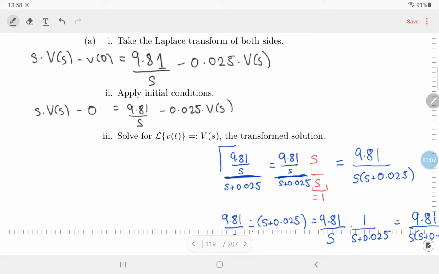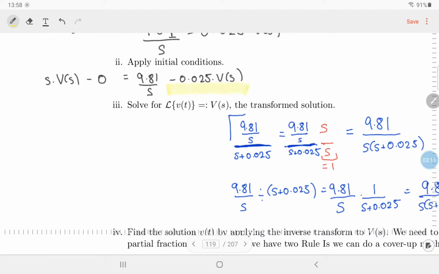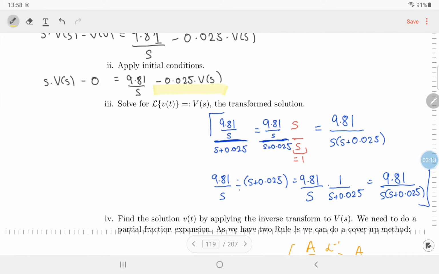Now we're trying to solve for big V of s, so we should get all the V of s's on one side, so add that to both sides. On the left-hand side we'll have s times big V of s plus 0.025 big V of s equal to 9.81 divided by s. And here we take out the common factor of V of s.